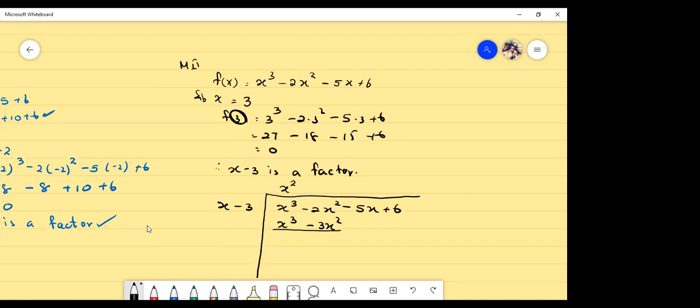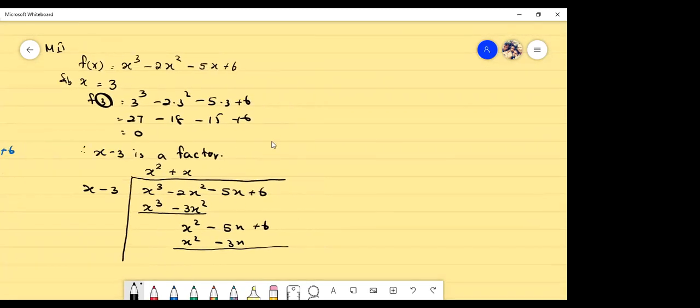Now we take the subtraction: x squared minus 5x plus 6. Then we need x squared, so it is x squared minus 3x. Then subtraction: minus 2x plus 6. Put the minus 2, minus 2x plus 6, remainder is 0. The remainder needs to become 0, right? Because it's a factor.